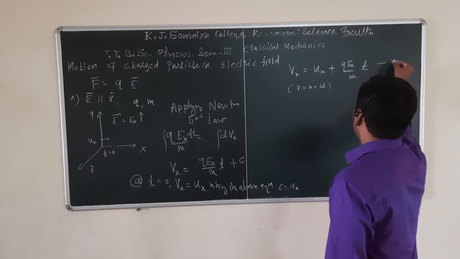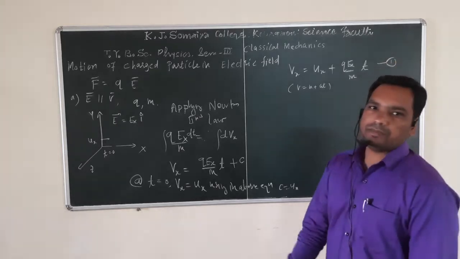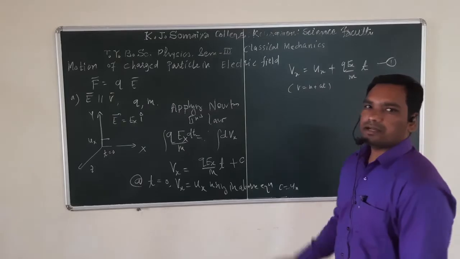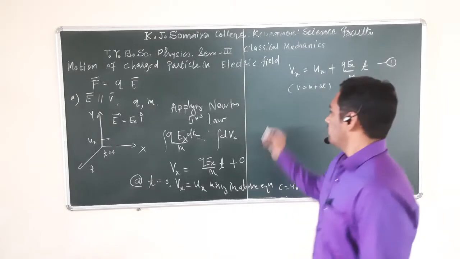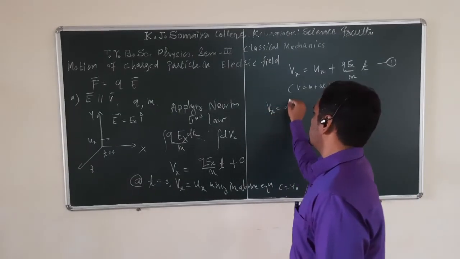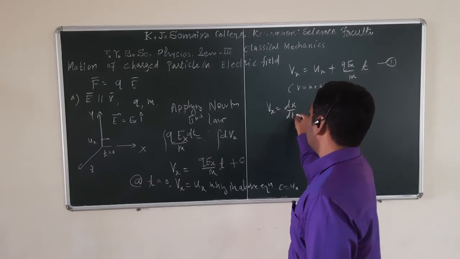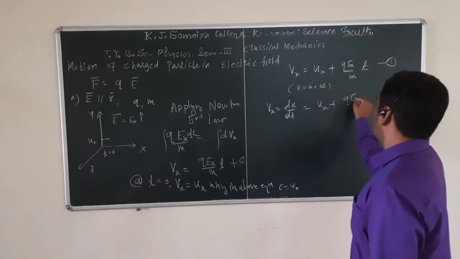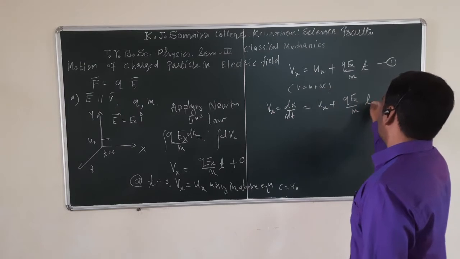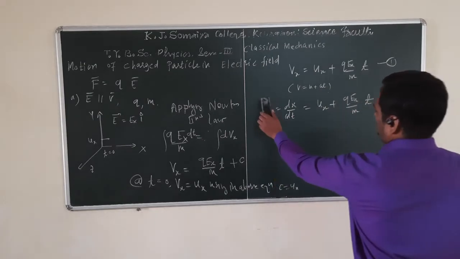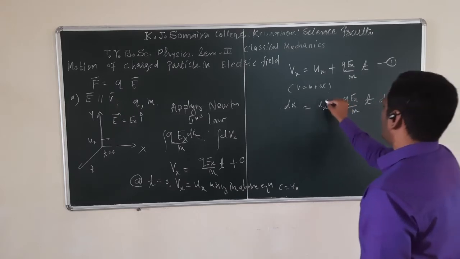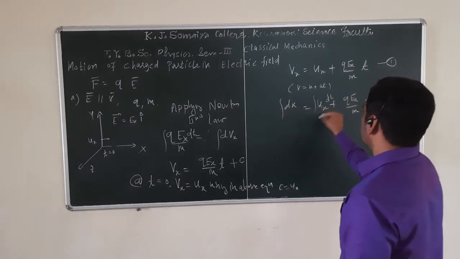we have to find out the instantaneous position of that charged particle. So again we know that Vx is nothing but dx upon dt. So using Vx is equal to dx upon dt, which is equal to ux plus qEx upon m into t. Again, by separation of variables, we can take dt over here and integrate this equation.